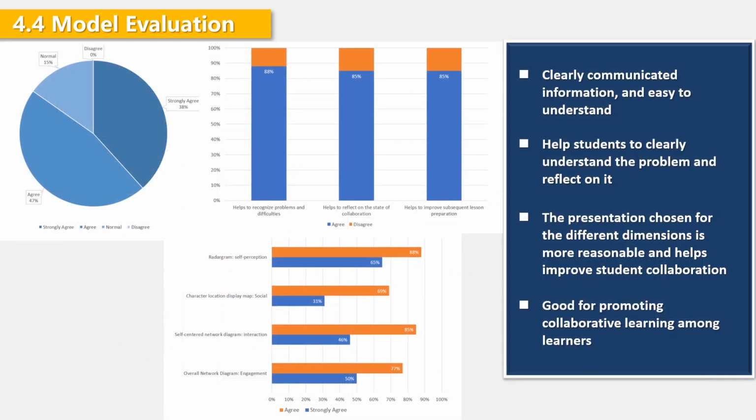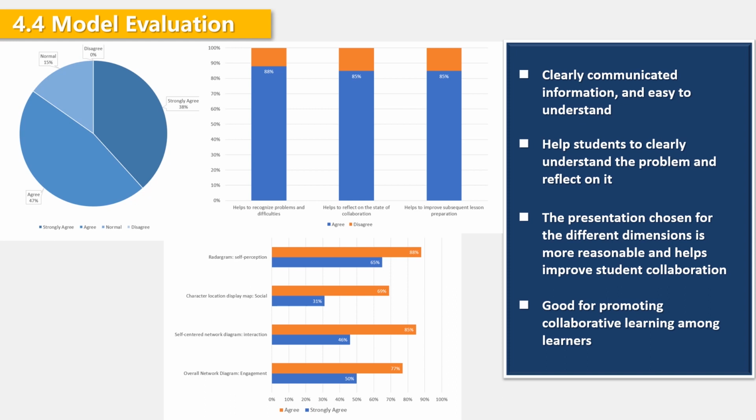In this study, a questionnaire was used to aid in the evaluation of the model. The questionnaire consists of two main parts, one for the evaluation of the visualization approach and the other for the evaluation of the entirety of the visualization. The following conclusions can be drawn from the data analysis. First, the visualization chosen for the application model conveys information clearly and understandably.